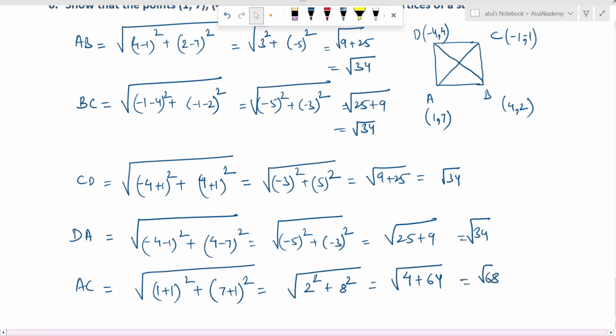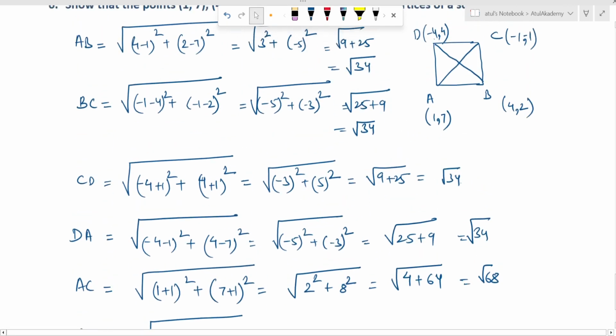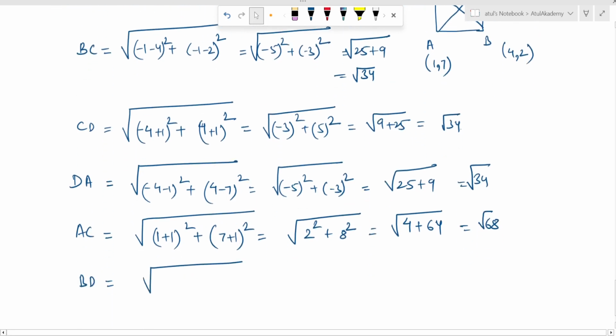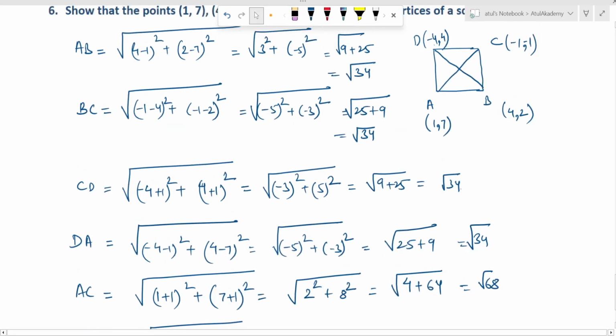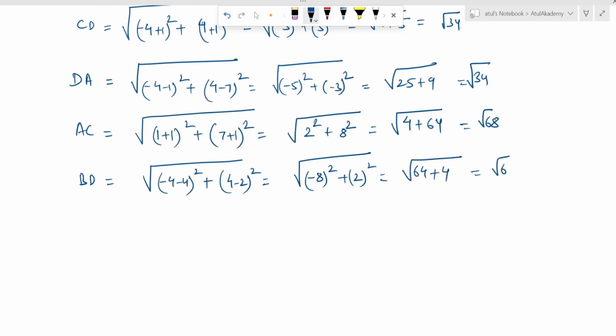Same way, let's calculate BD. So for BD, we need to check out the points. What are the points? It's (4, 2) and (-4, 4). So (4 - (-4)), that is 8, whole square, plus (4 - 2) whole square. So that's coming out to be 8 whole square plus 2 square. Again the same thing, 64 plus 4, that is also root 68.